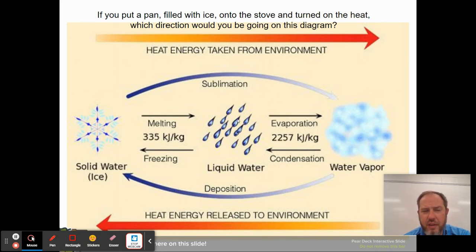Then if you have a liquid and you continue to add heat and get it up to the boiling point, the process called evaporation happens, where it turns from a liquid into a gas. And of course, the opposite of that is called condensation. In certain situations, you can go straight from a solid to a gas, that's called sublimation. And if you go straight from a gas to a solid, that is called deposition.